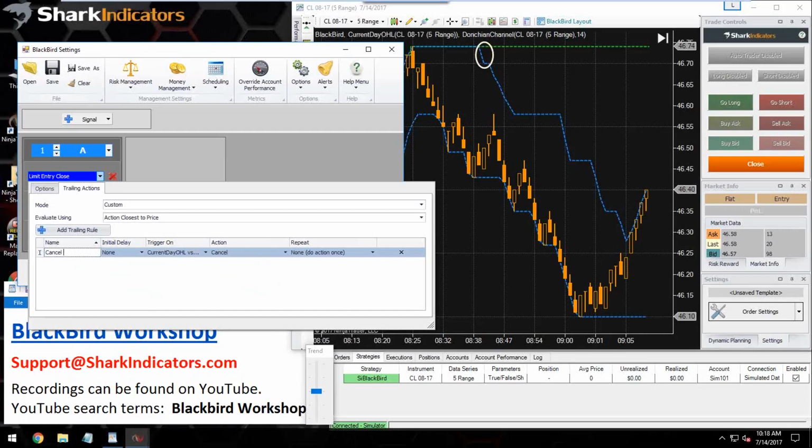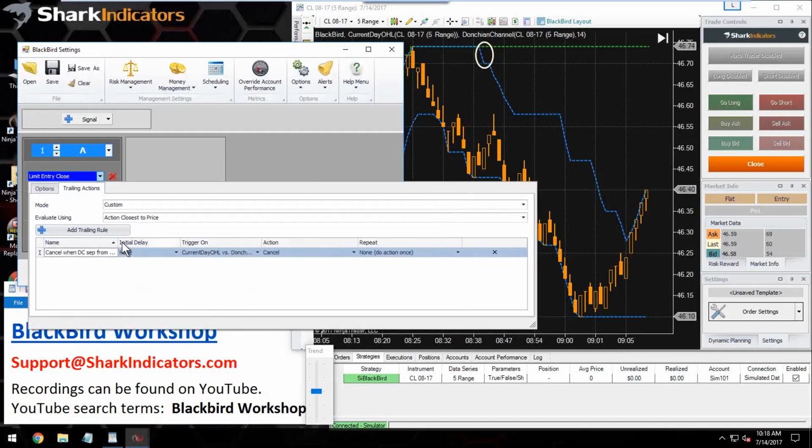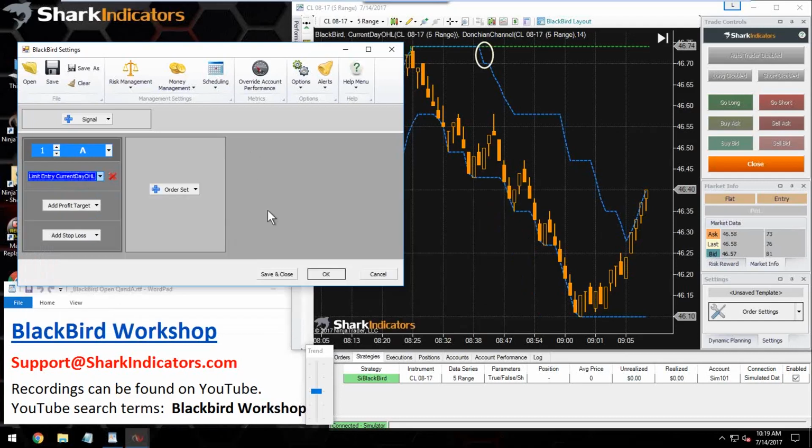There we go. Essentially we're going to cancel when the Donchian channel separates from the daily high or daily low. All right, so that should do it.